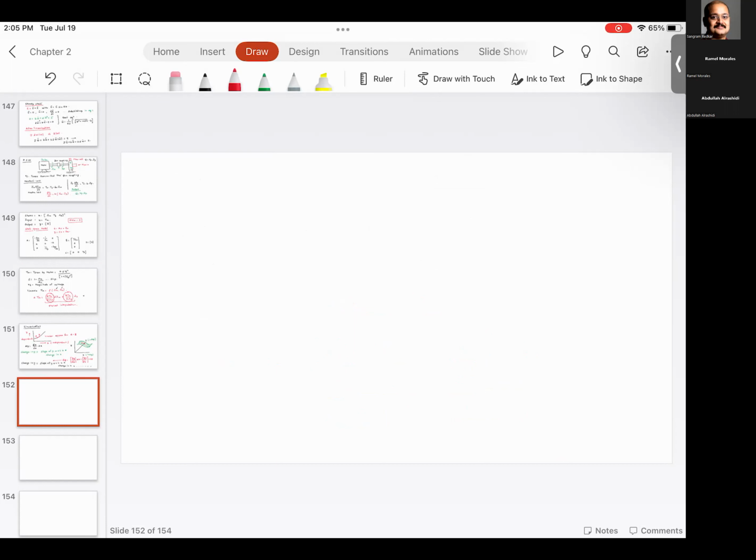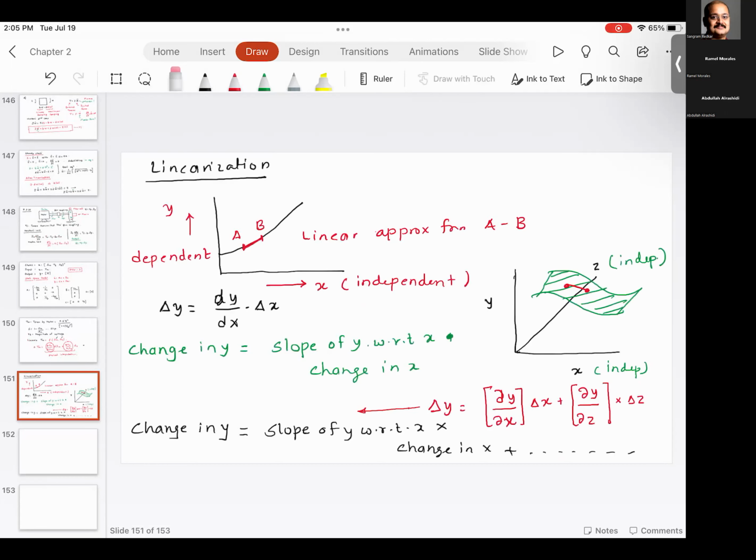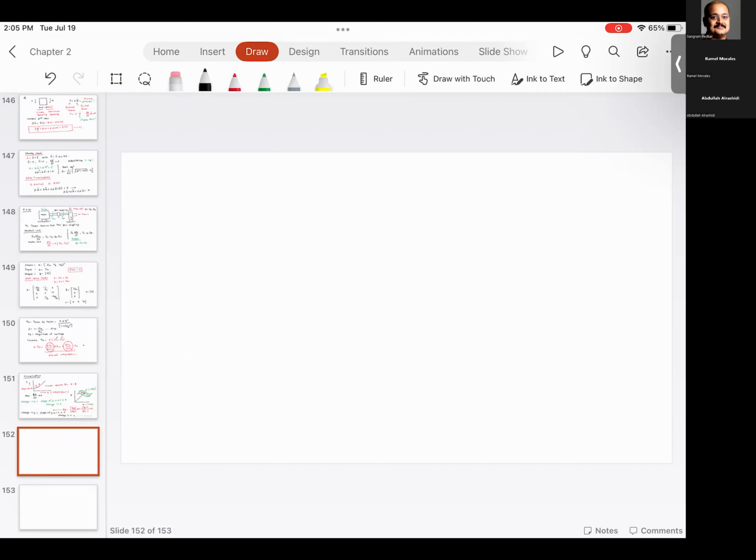I used MATLAB, and MATLAB can do it with a symbolic variable using syms, and I got these answers: partial Tm by partial sigma m, and oops, okay, I will do it again.